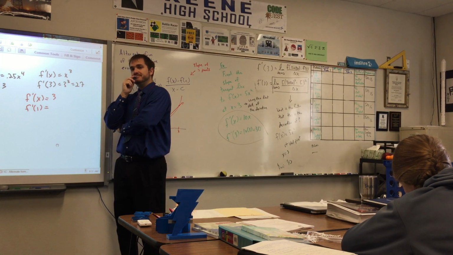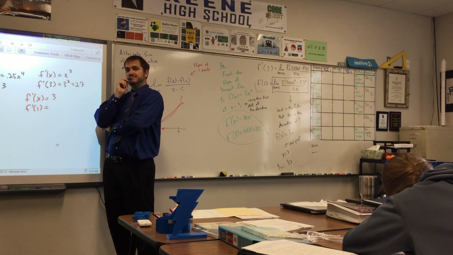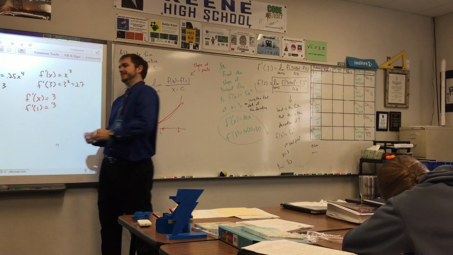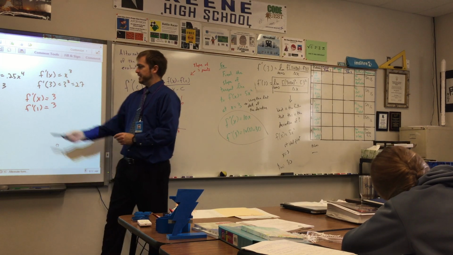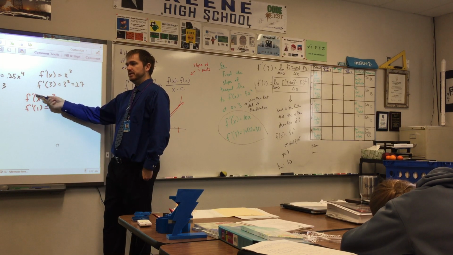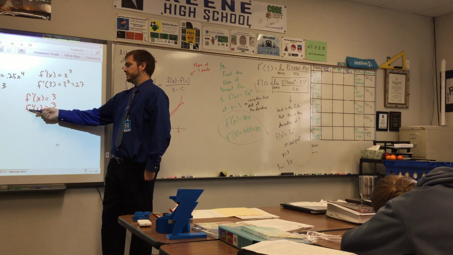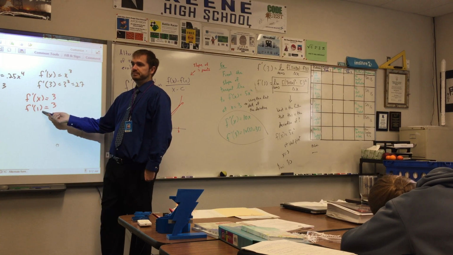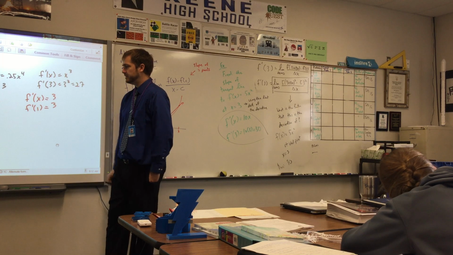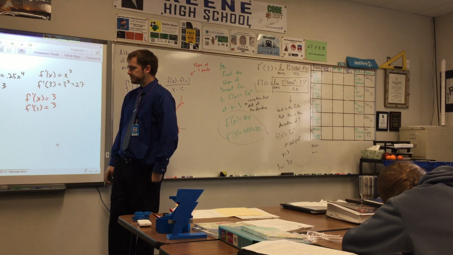James? 3. It's 3, because f prime of x is 3. So the derivative is always 3. So it's the derivative evaluated at 1, it's the derivative evaluated at 5, and so on and so forth.